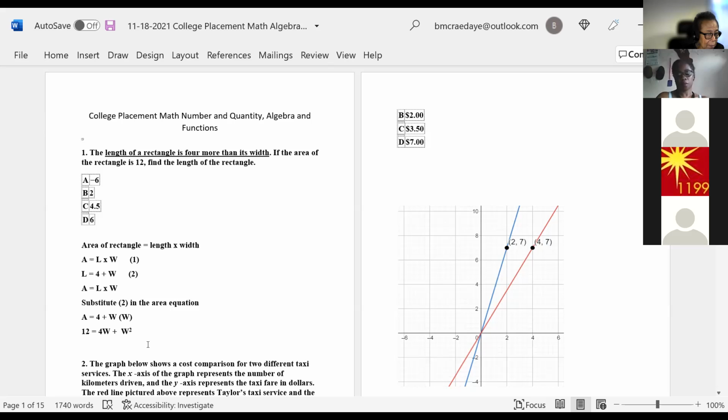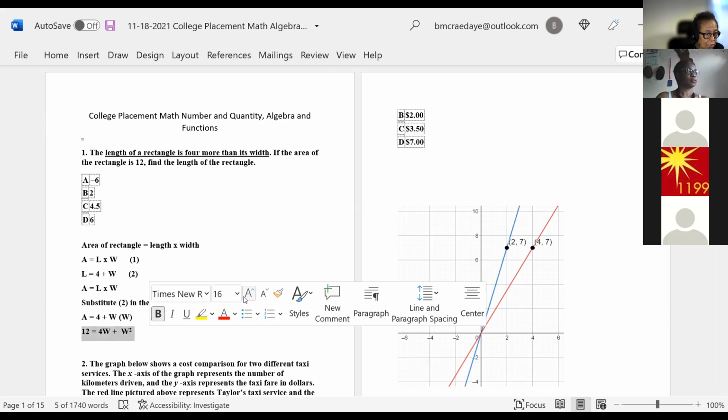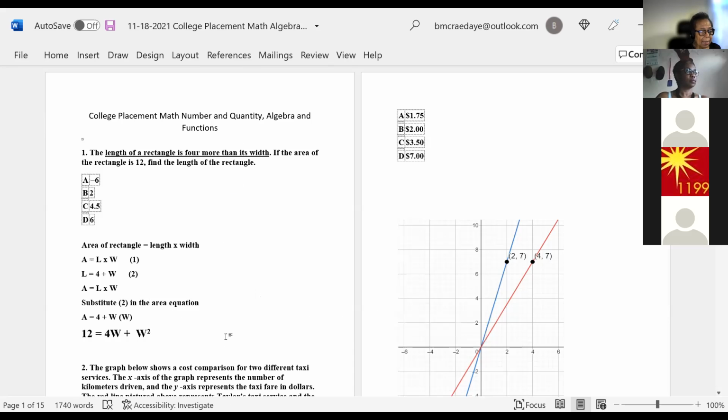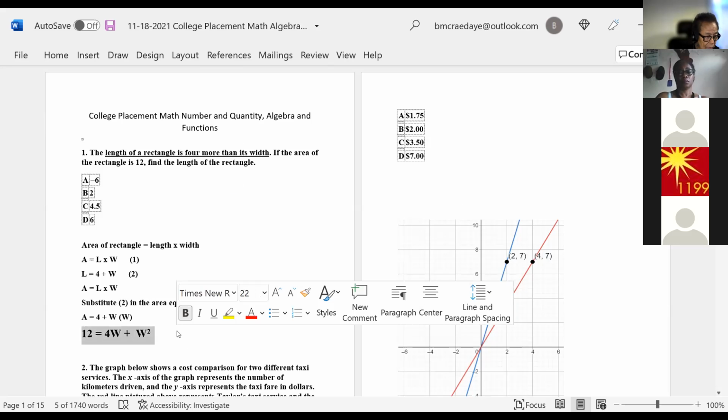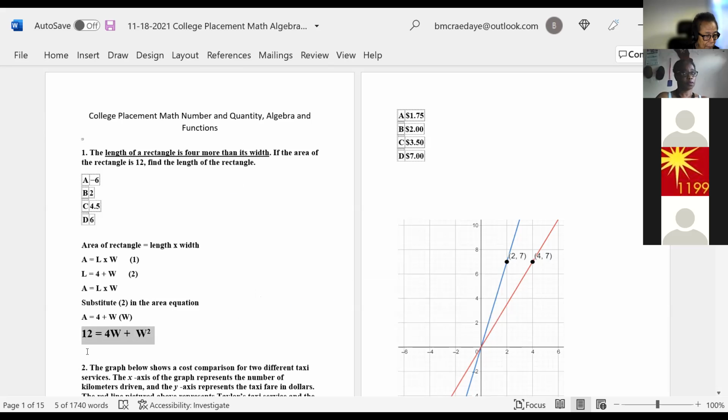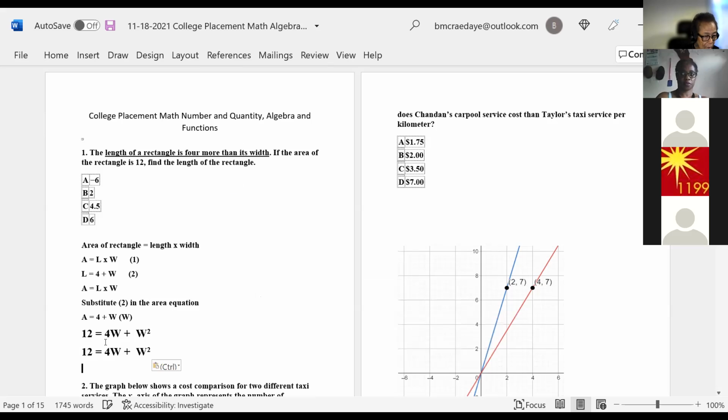So that's W squared. Now I can subtract the 12 from both sides.